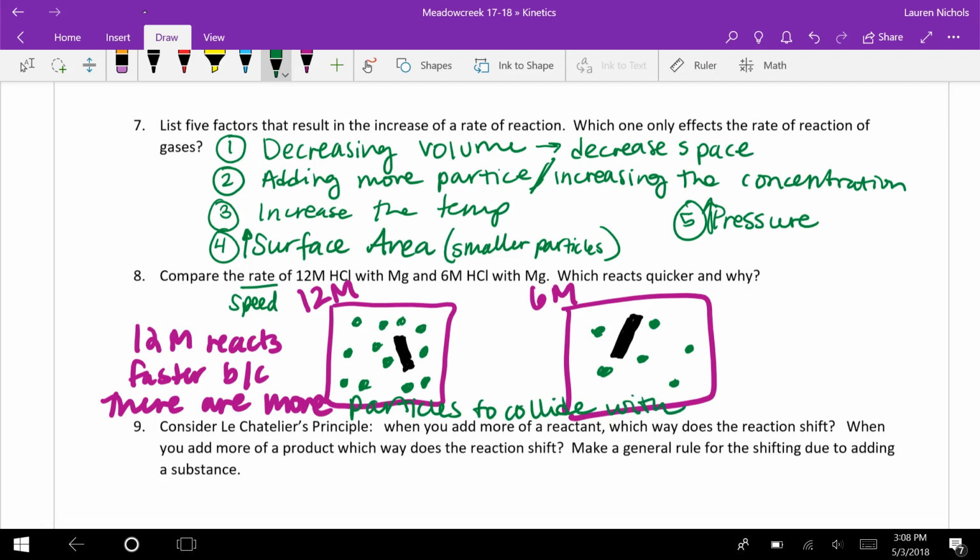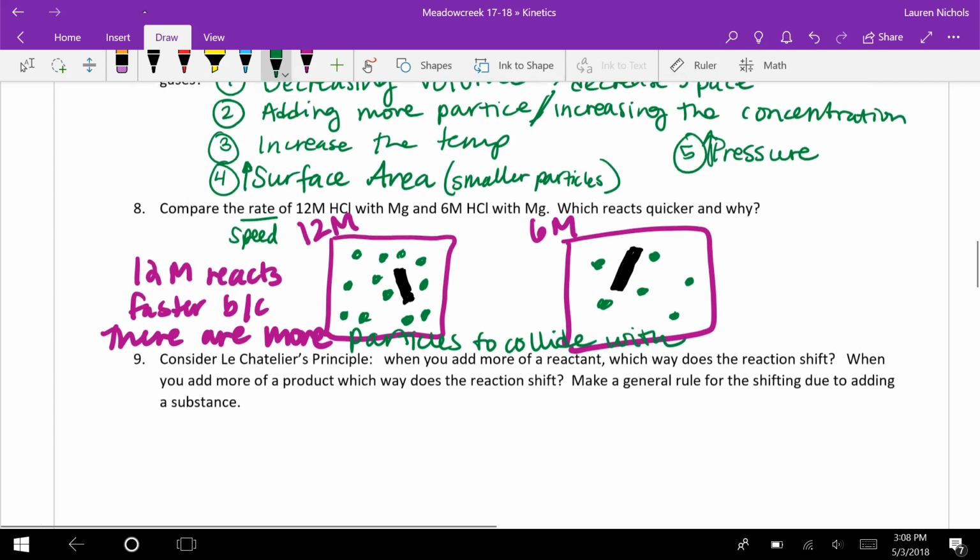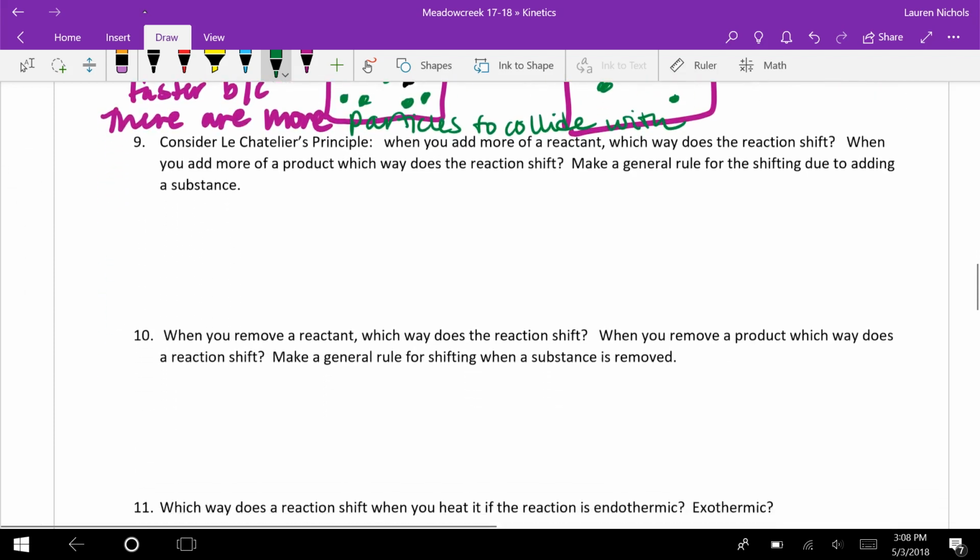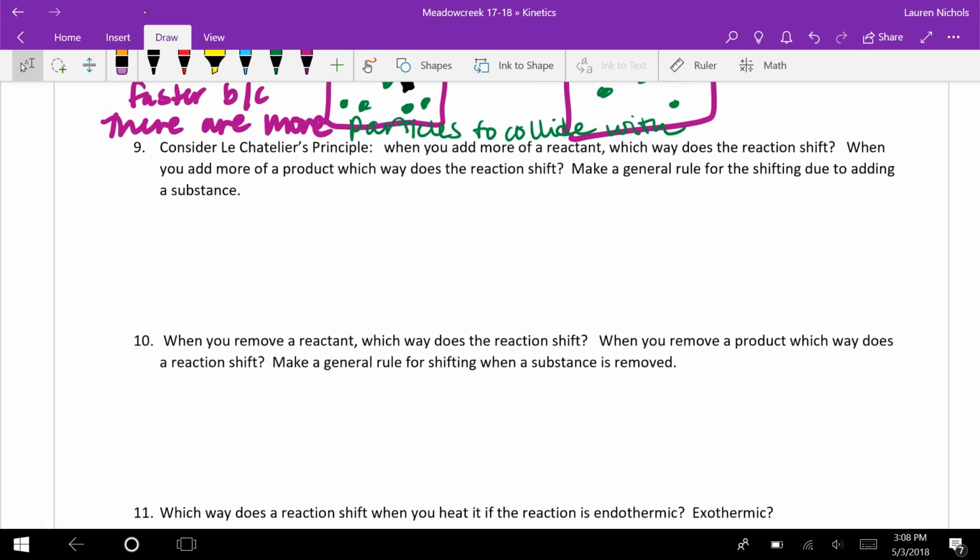Okay. Now, number 9 says to consider Le Chatelier's principle. Now remember, Le Chatelier said that when a system that is at equilibrium has a stress put upon it, it will shift in such a way to relieve that stress.